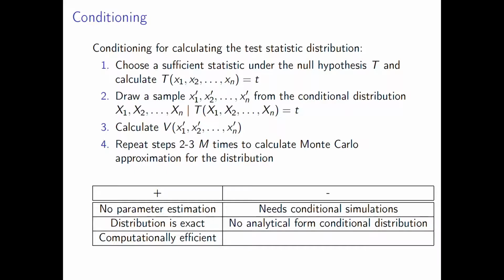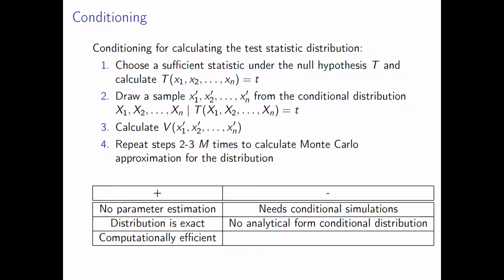The next step is to draw a sample, the same size sample as we were given, n data points, from the conditional distribution x1 to xn, given that the sufficient statistic of them is small t, just like it was for the data set. And then we calculate the test statistic value for this newly drawn data set. We repeat steps 2 and 3 capital M times, and this constructs the Monte Carlo approximation for the distribution.